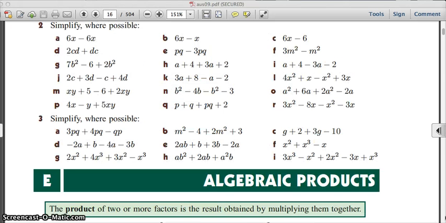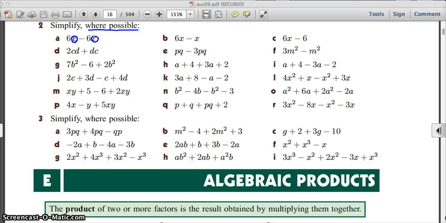So it says, really importantly, I think it says where possible simplify. Okay? You can't always simplify. But I think we spoke about the fact that if you're adding or subtracting like terms, think of them as objects in your life. So where 6x takes 6x, think of it as 6 oranges, for example.